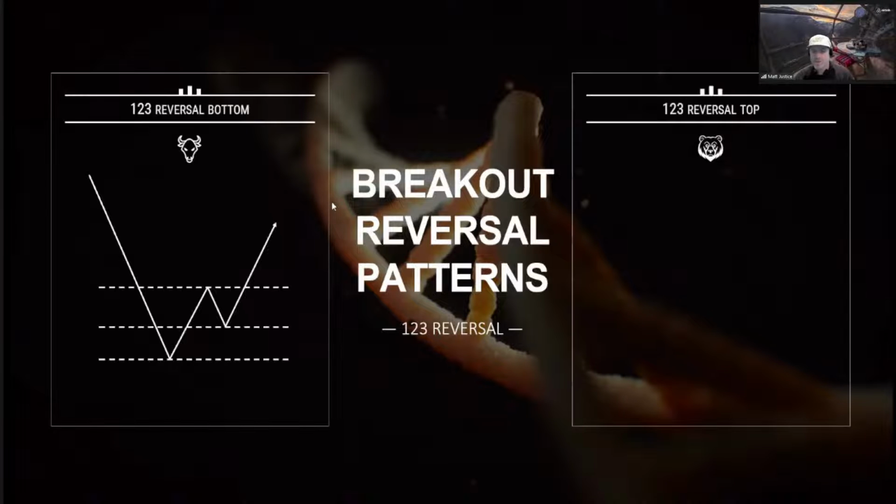And so when you look at the 1-2-3 pattern, I want you to think of it as a reversal like a head and shoulders without the left shoulder. That's what I want you to think about it.